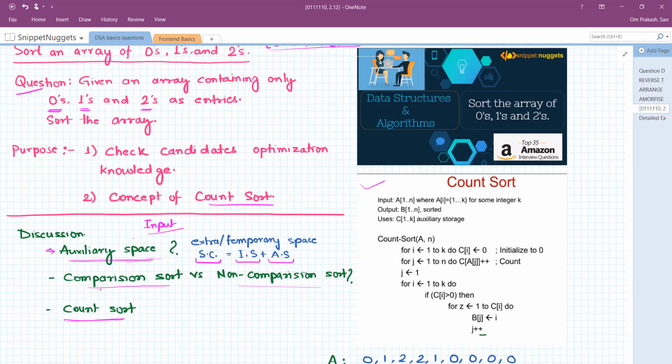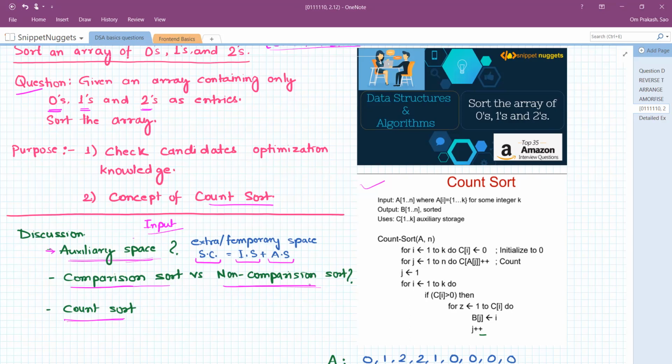Now, all sorting algorithms can be categorized in two types: comparison sort and non-comparison sort. Comparison sort means that in order to arrange the array in sorted manner, you have to compare elements with one another, to find which is smaller than the others, so let us place it first in ascending order and so on.